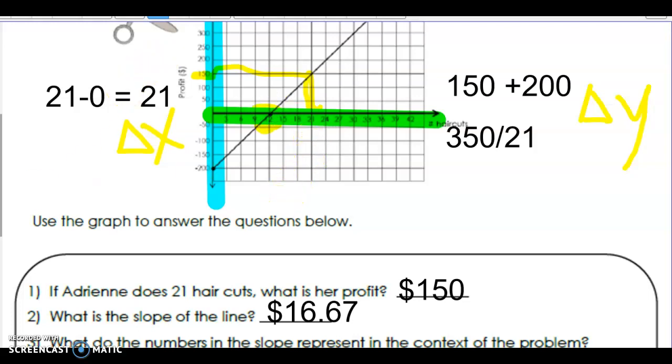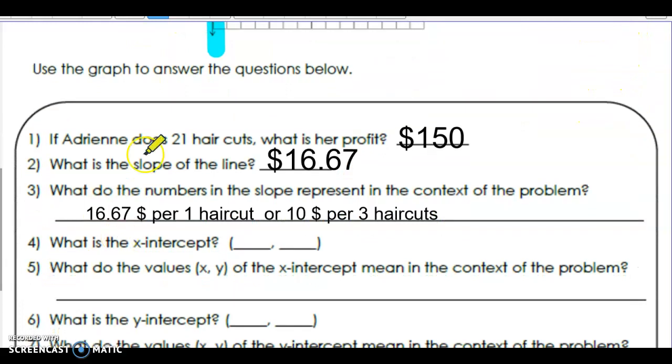So if I go back down here, my x-intercept is going to be 12 and 0. There we go, 12 and 0.